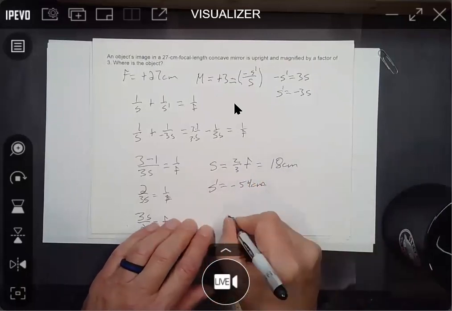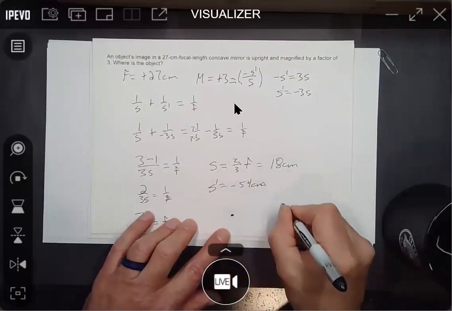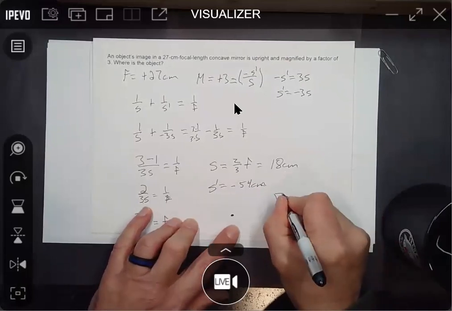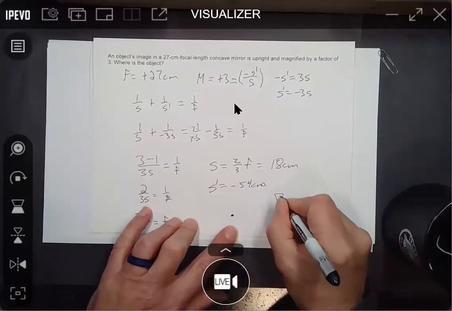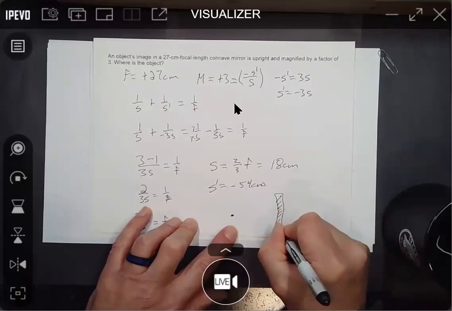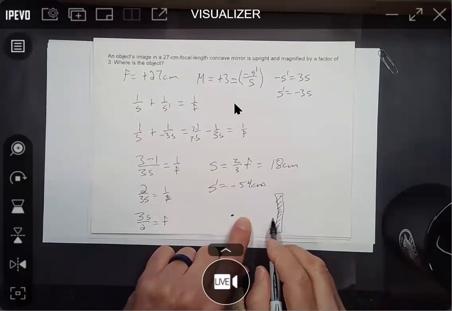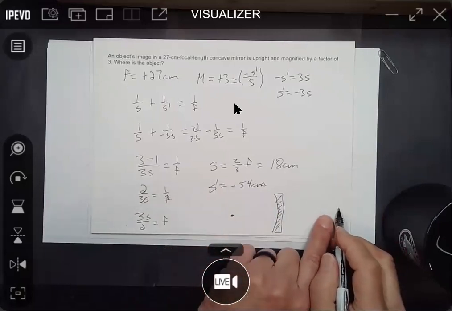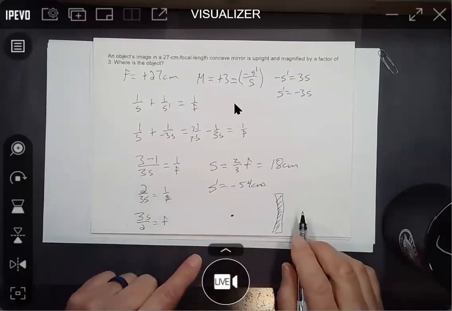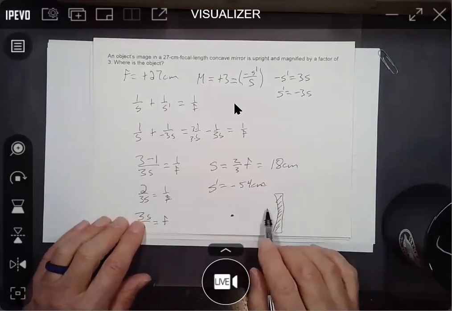But here's something that's important. Anytime you have an object for a concave mirror that's inside the focal length, you end up with an image behind the mirror. And it'll also be upright.